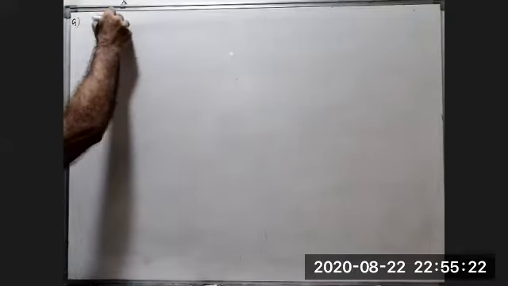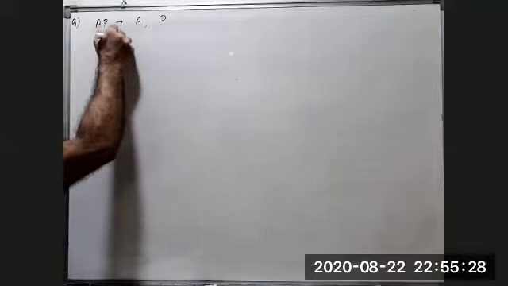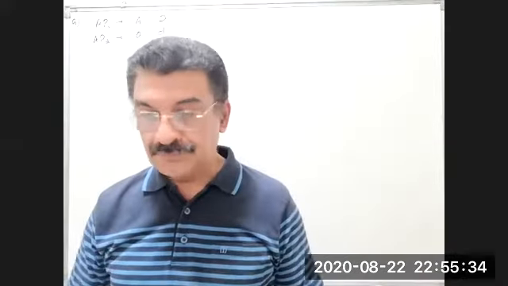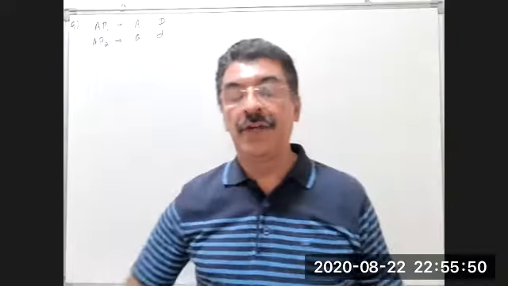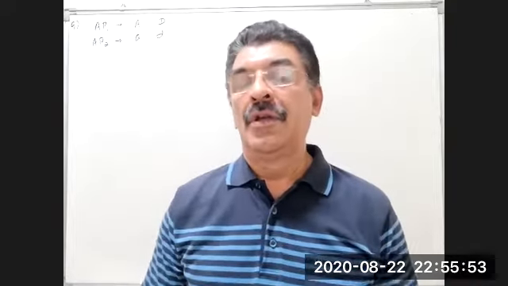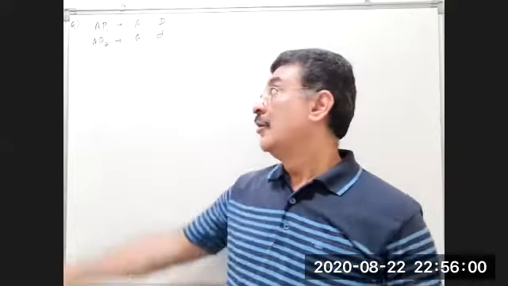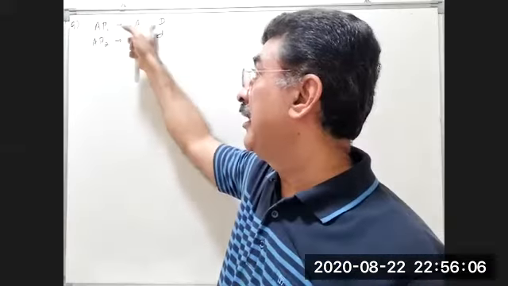So for AP1 we take capital A and capital D, whereas for AP2 we take small a and small d.